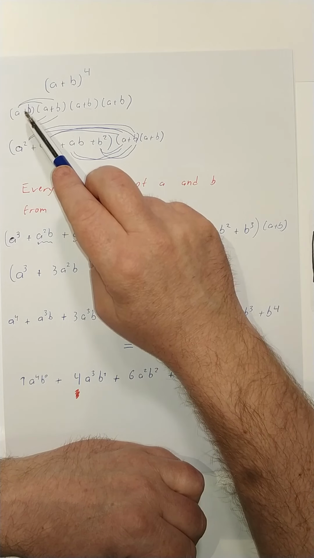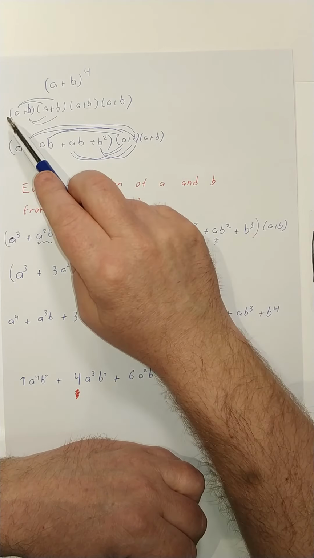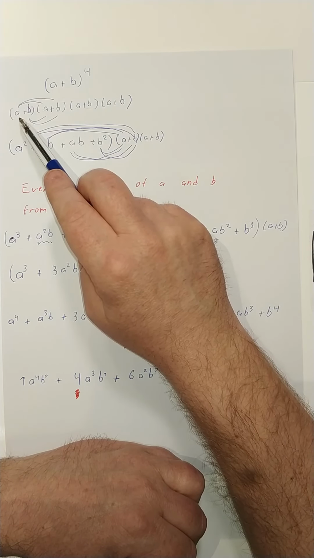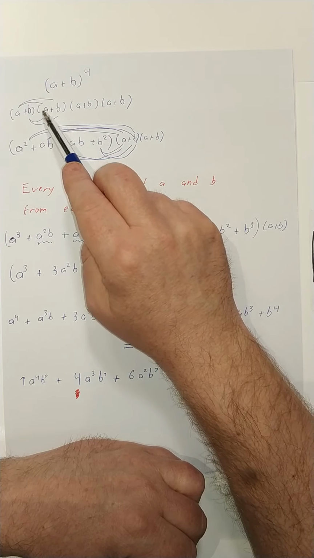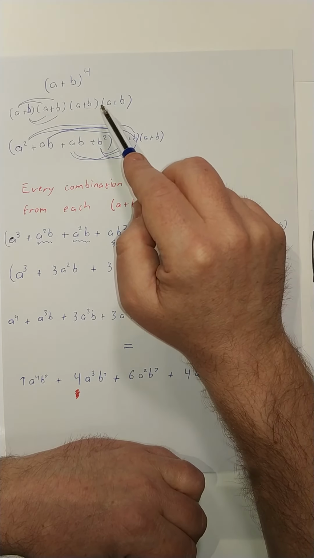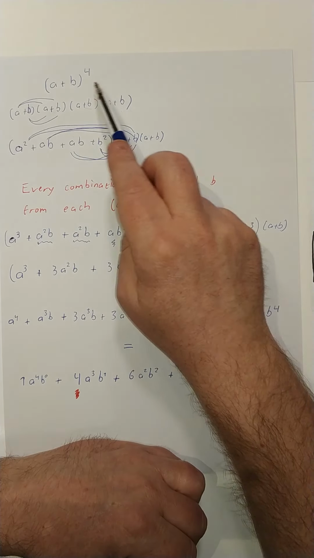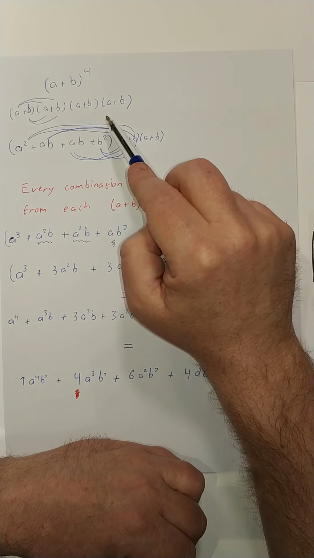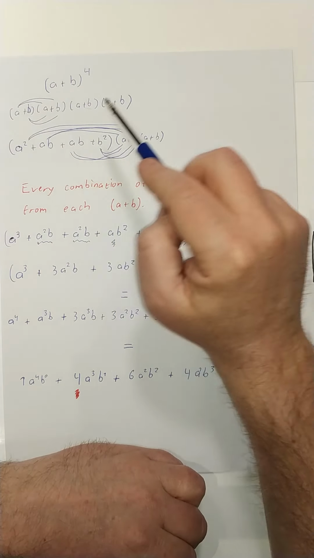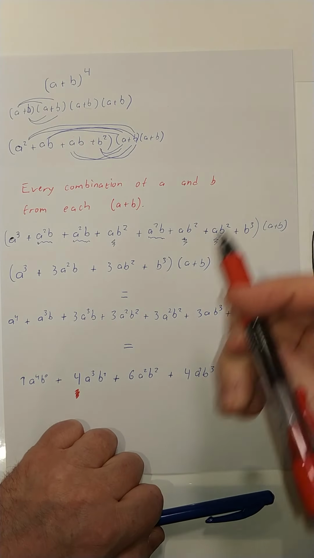Or a, b, a. Or I could have taken this b, and then the a, and the a. I mean, there's only one way of getting 4 a's out of it, and that's taking each a. But when I get to take 1 b and 3 a's, I have more of a choice. What about the 6 then?